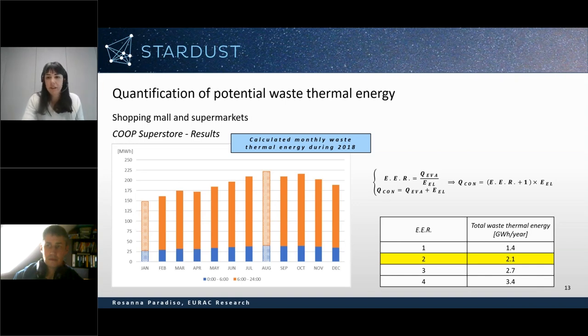So, for example, in this case, giving a value of 2 to the energy efficiency ratio, the total waste thermal energy amounts to 2 gigawatt hours per year.